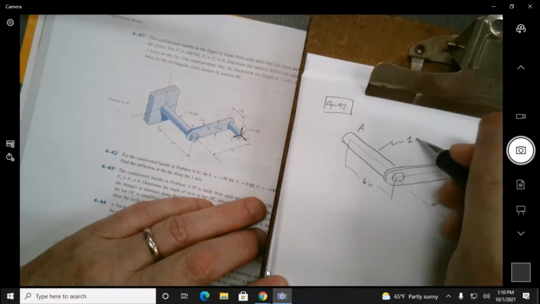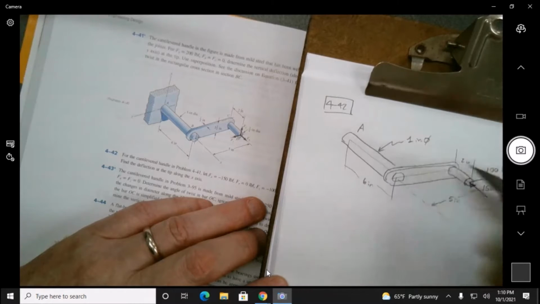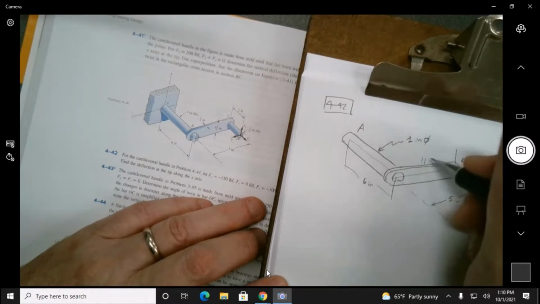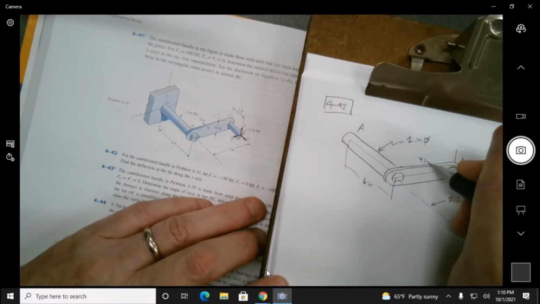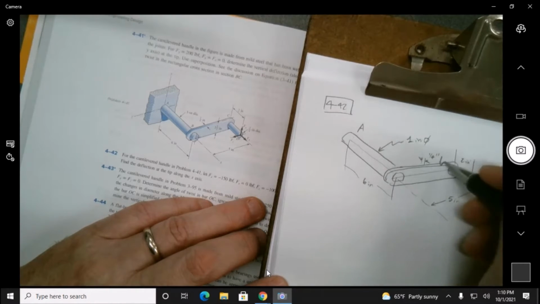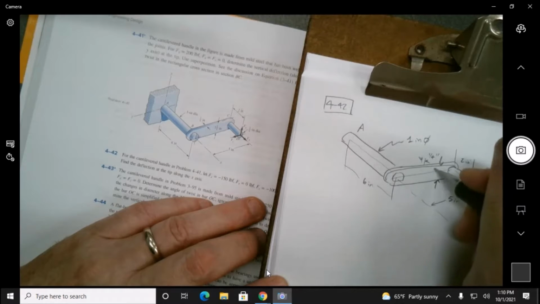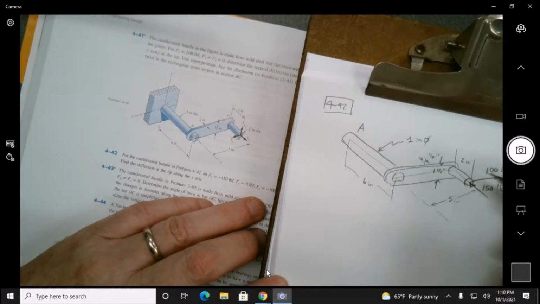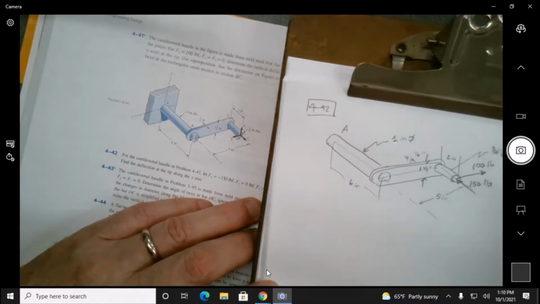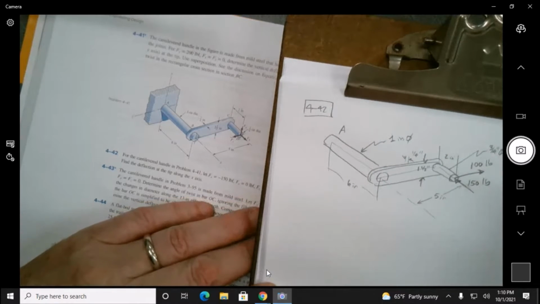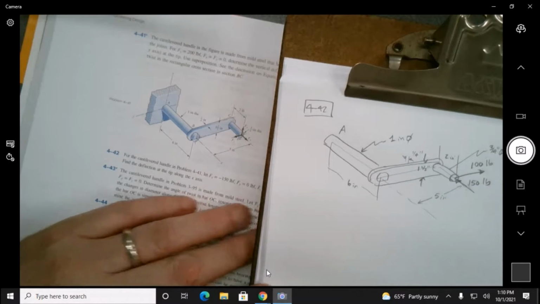But this is 1 inch diameter right here, and they're saying this is 1/4 inch. And this dimension is 1 1/2 inch, and this thing over here is 3/4 of an inch, off the page. I think I got all the information I want.